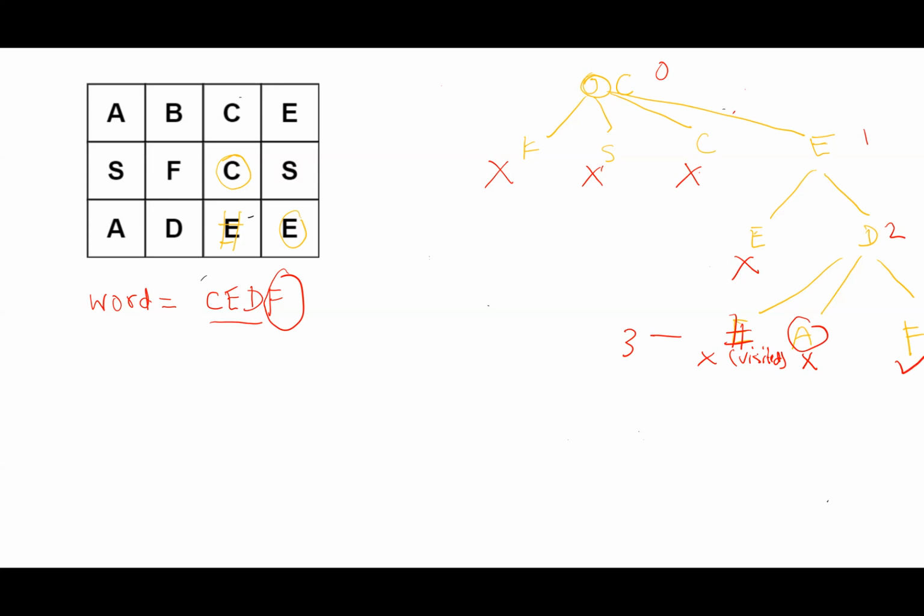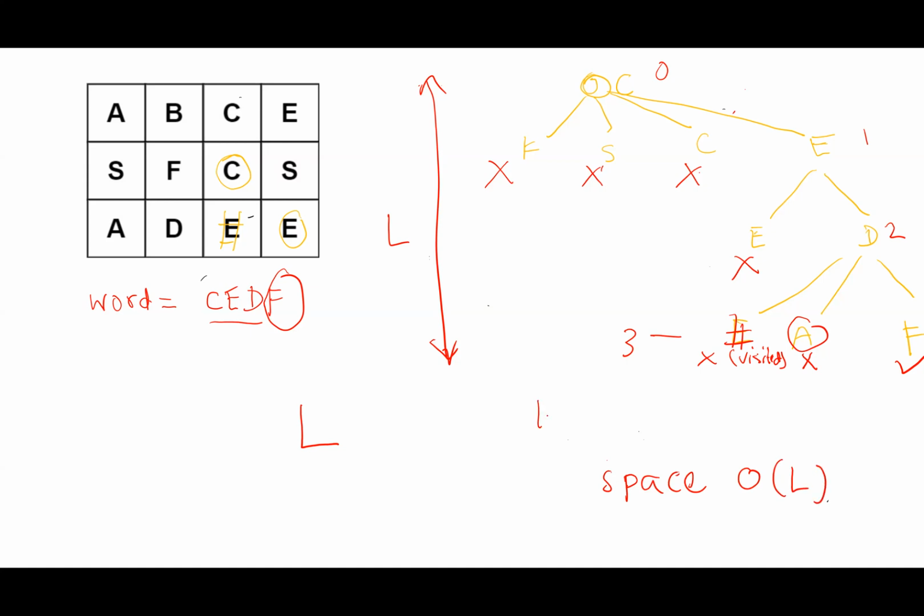If we think like this, we see that if the length of the word is L, our tree goes L deep. The DFS goes to a depth of L at most, so the space complexity is going to be order of L, because the call stack is going to be L length.